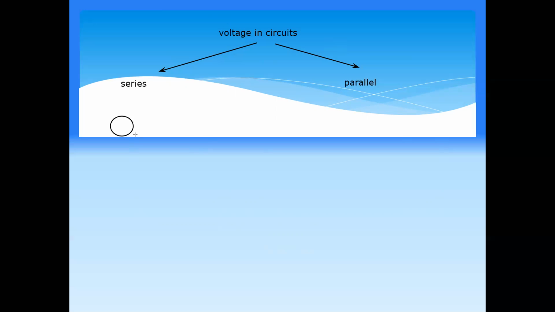So for example, you have two lamps, one next to the other, and here two lamps, one below the other. When they have multiple ways, and here they have only one way to flow.